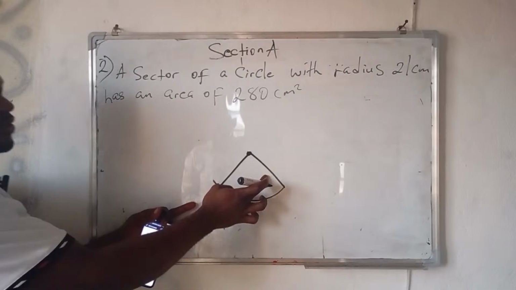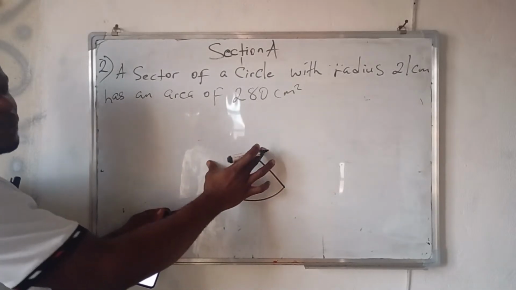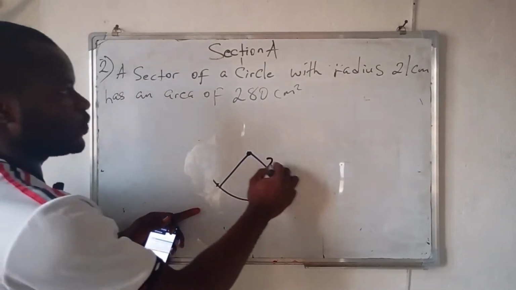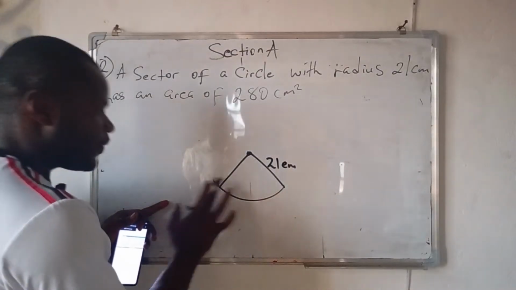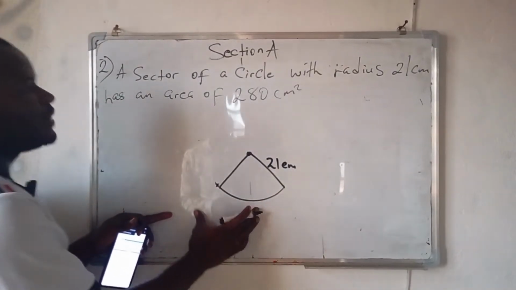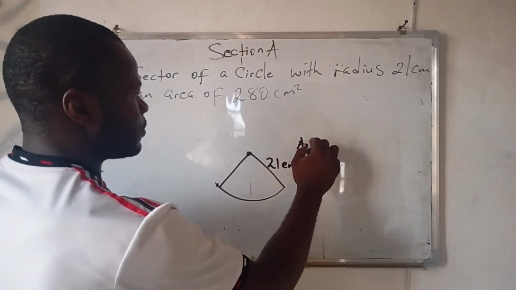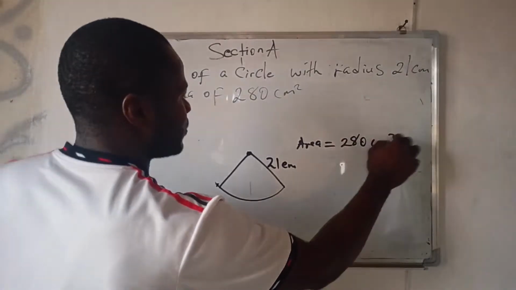Remember, this is the radius of the circle. Any line running from the center of the circle, touching any place on the circumference, is the radius. So this is 21 cm. And of course, the whole area of this sector is equal to 280 cm square.